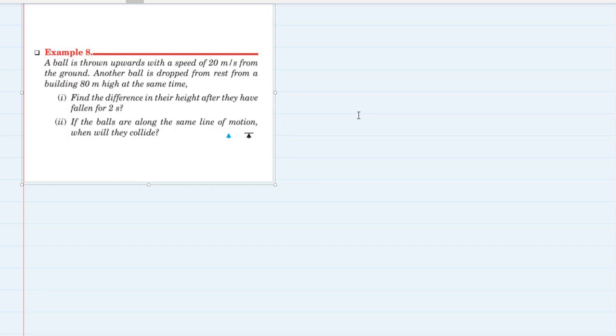A ball is thrown upward with a speed of 20 meter per second from the ground. So initial velocity is 20 meter per second for upward throw. Another ball is dropped from rest from a building 80 meter high at the same time. Okay, so for another ball, initial velocity is 0 meter per second, and the distance is 80 meter, the height you can say h2.